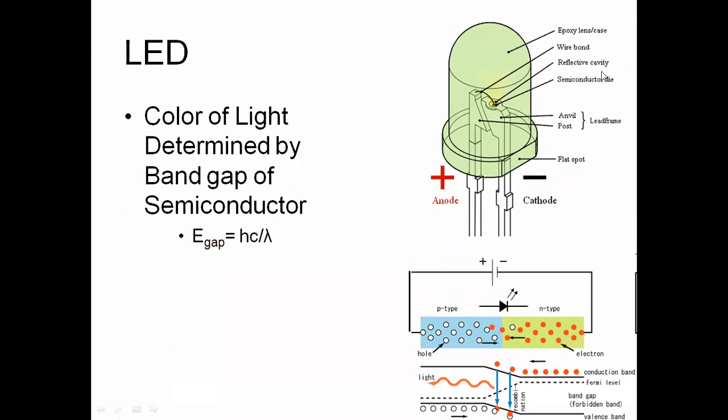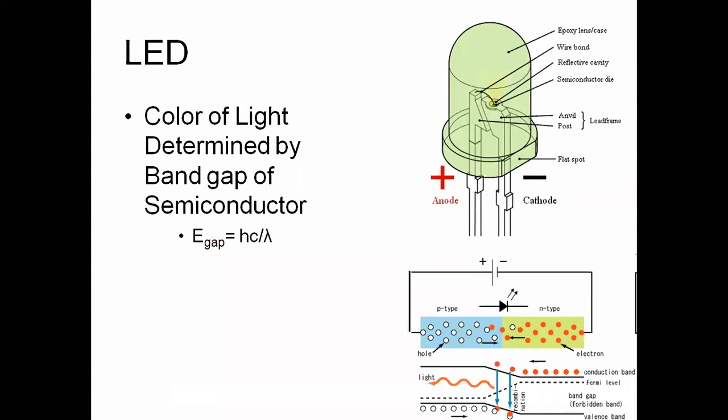If you connect the positive terminal of the battery to the p-type and the negative terminal of the battery to the n-type, then what will happen? By giving an external voltage of minimum 0.3 volt to 0.7 volt. This is the range, 0.3 volt for silicon and 0.7 volt for germanium. With such an external voltage, then what will happen?